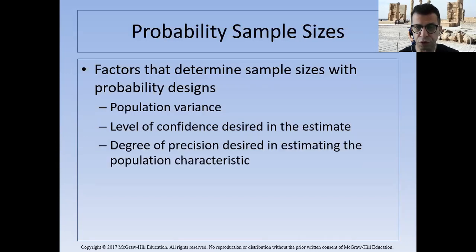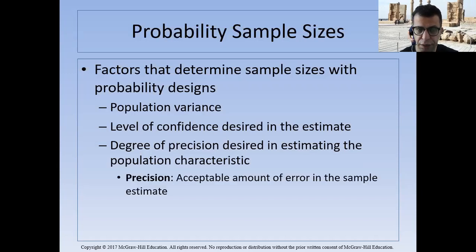Then there is the degree of precision desired in estimating the population characteristics. Precision means the acceptable amount of error in the sample estimate. So when we do a sample and a survey, sometimes we say, okay, we want an error of 5% or a maximum of 10%.